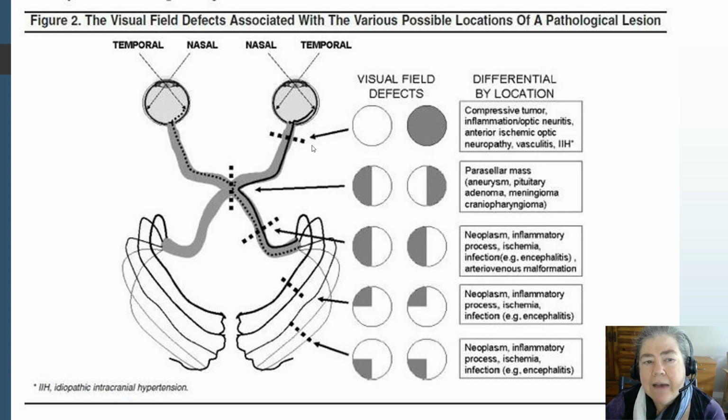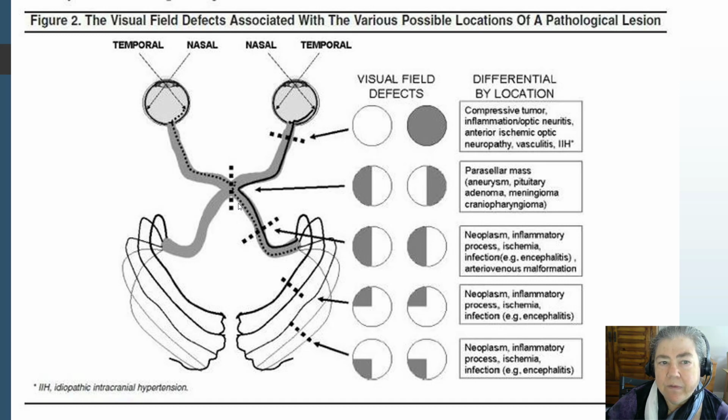Okay, so if we have a lesion such as a tumor or inflammation from a problem like multiple sclerosis or syphilis that can cause optic neuritis, or we have ischemia to the optic nerve, or we have very high levels of intracranial pressure from a condition called idiopathic intracranial hypertension that is compressing a single optic nerve, you will have blindness on one side.